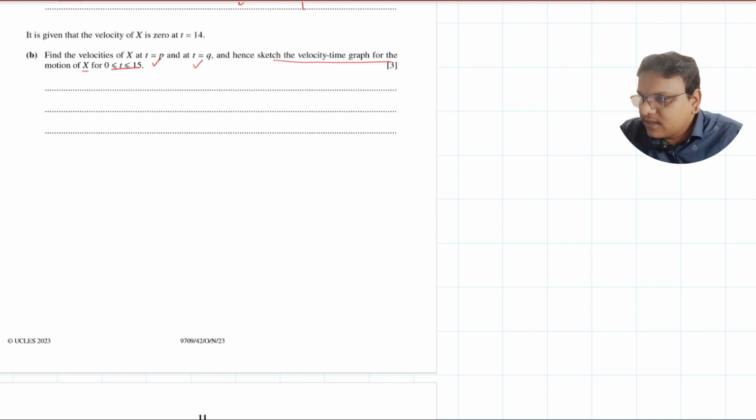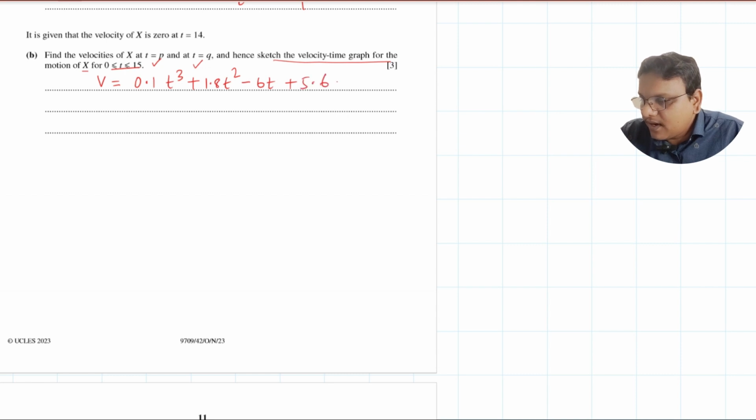The velocity is given, that is 0.1t cubed plus 1.8t squared minus 6t plus 5.6. Now we already have p as 2 and q as 10, right?